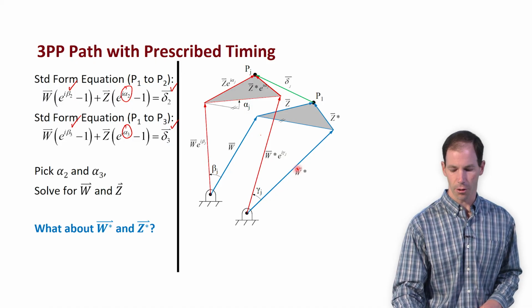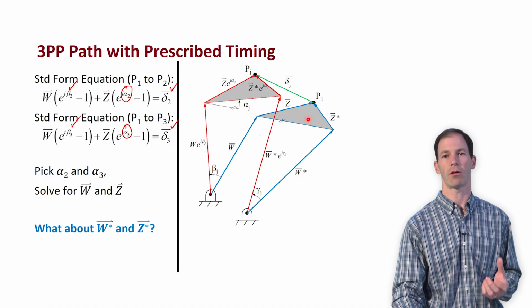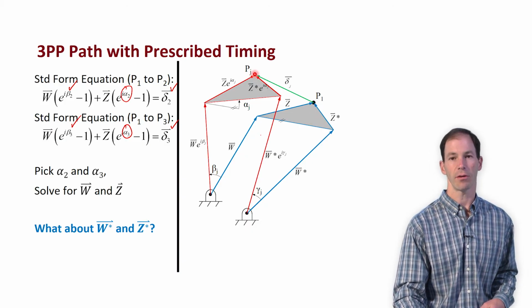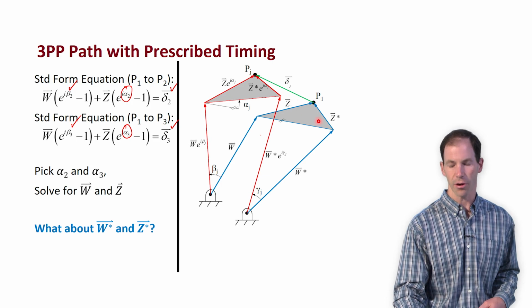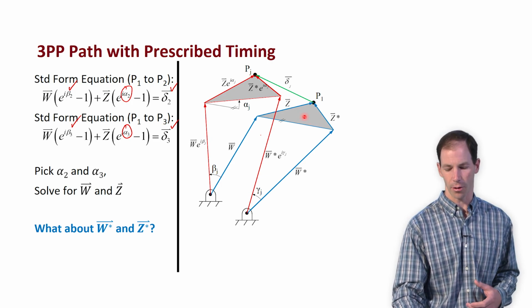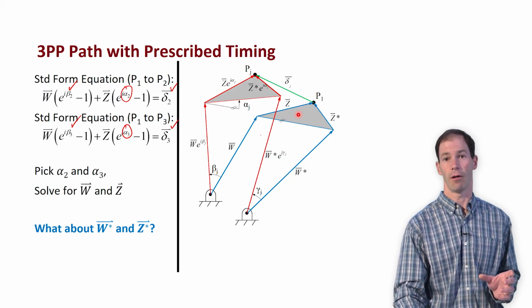So when we solve for W star and Z star, we actually treat these as a motion generation dyad. What I mean by that is we have a prescribed displacement of the precision point, but we also have a prescribed rotation of the coupler. The coupler has to rotate the same amount as the W and Z that we just solved for in the first half of the 4-bar.